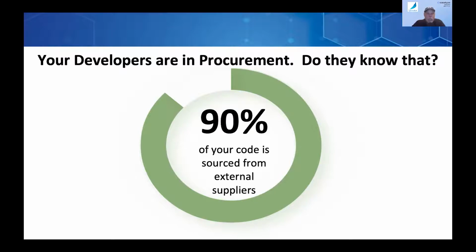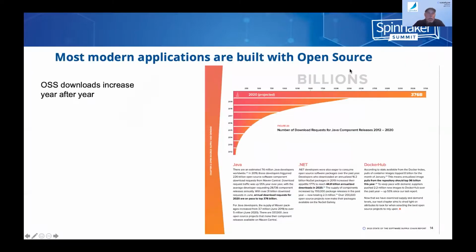So because they're in procurement, they're going to want to source the best components that they possibly can that are free of any kind of defects, such as vulnerabilities or licensing issues. In fact, if we were to take a look at what the history of downloads has been, the open source software downloads have increased year after year.